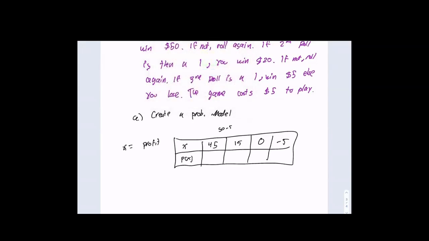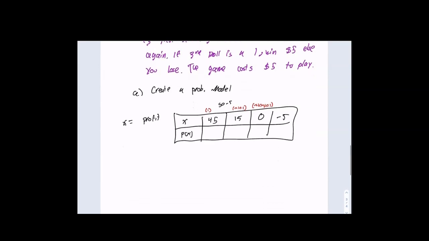So we need to figure out the outcomes. We roll a 1. Or it's not a 1 and then a 1. Or not a 1, not a 1, and then a 1. So what's the probability that I roll a 1?